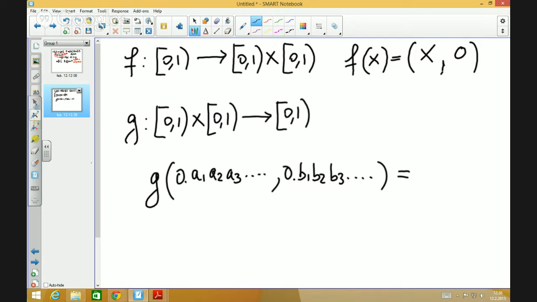Now, what I want you to do is to take these 2 points, these 2 infinite decimals, and out of them construct a single number that is uniquely determined by the 2 numbers that you get as input. And I have one word for you: a round-robin interleaving.